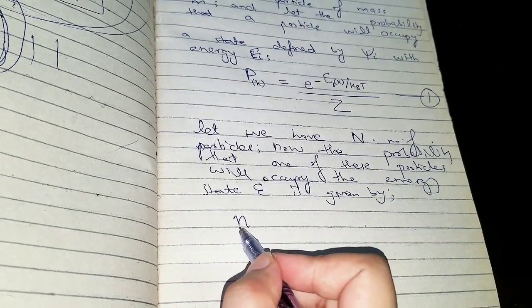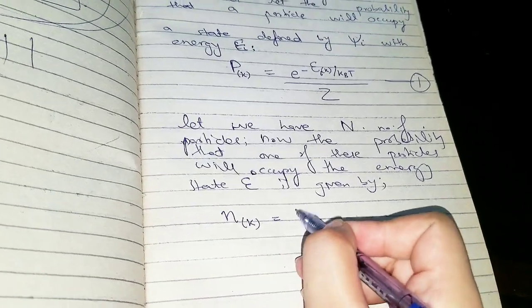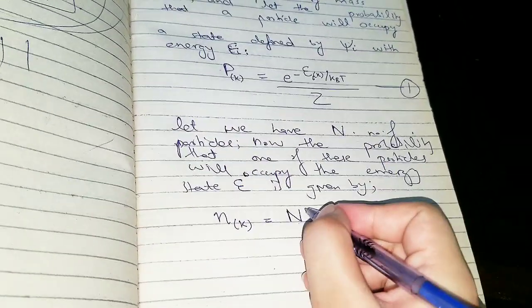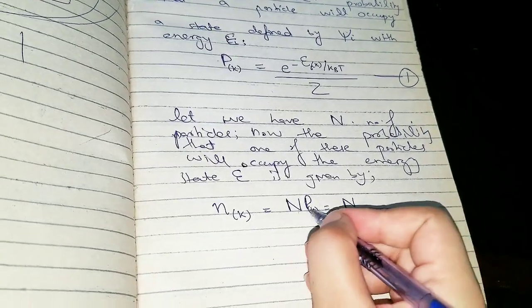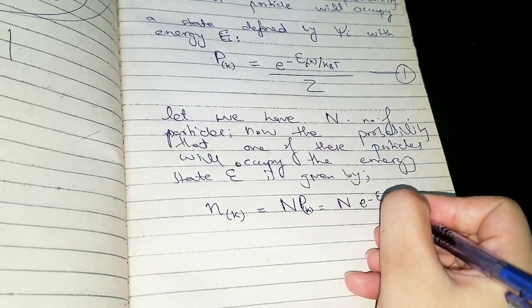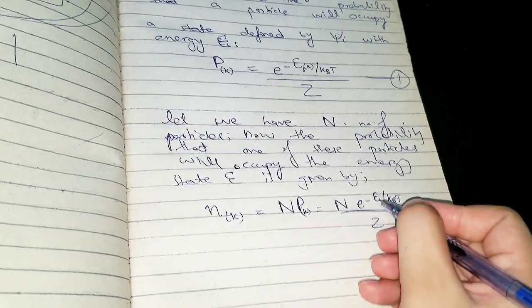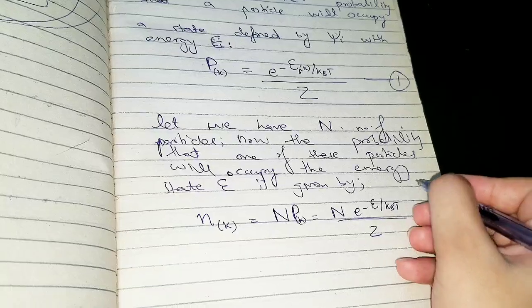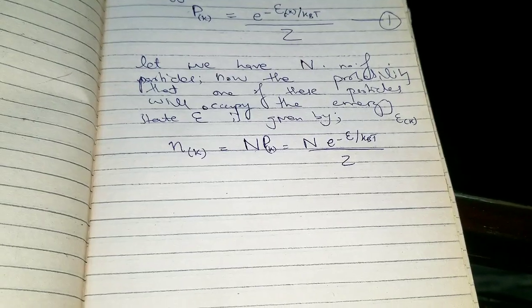We are writing it with small n as a function of k, that is equal to capital N multiplied by the probability that a single particle will occupy that state. Okay, if we put the value of p of k, which is e to the power minus E by kBT divided by Z, you can write E of k, write that like that. I'm not writing it here in order to avoid confusions.